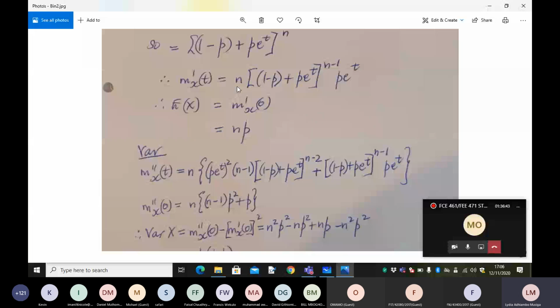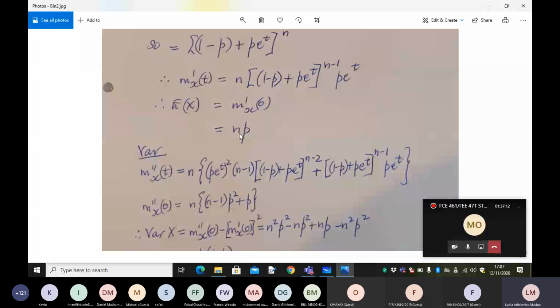If we do that, then we find that for the binomial distribution, the expectation of x is given by np. Remember, p is the probability of success.